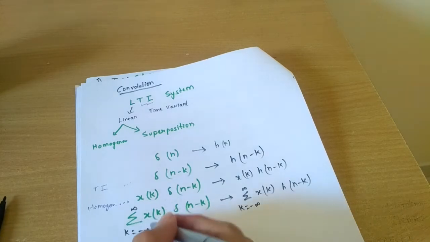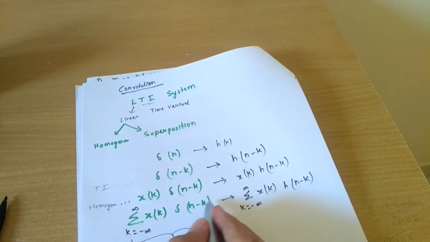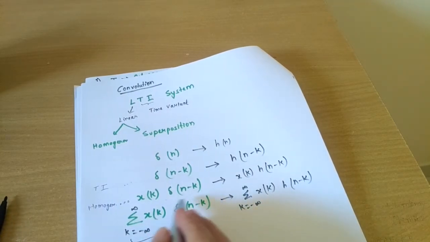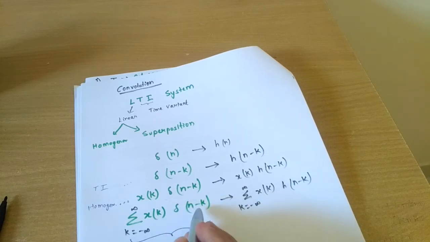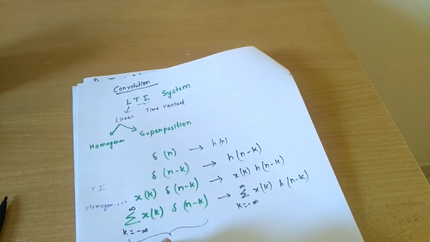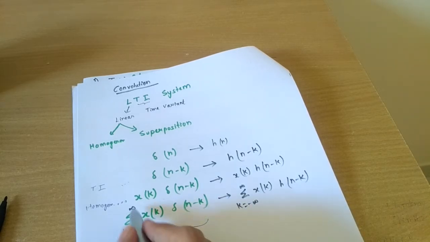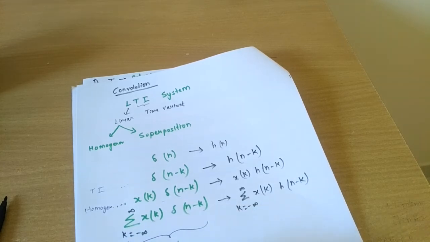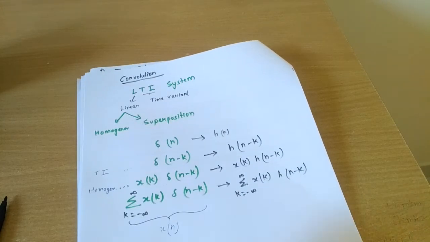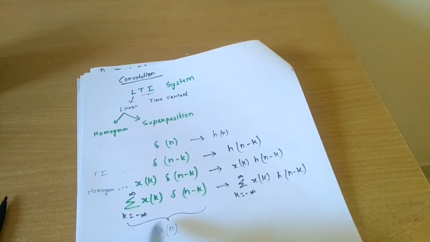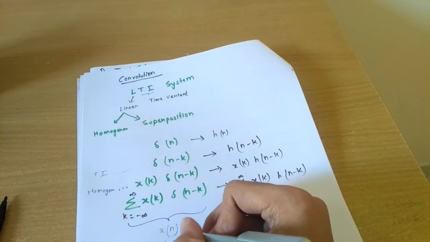But if we apply the property of the impulse function, the input side is nothing but our x of n, because anything multiplied by the impulse results in the sample at that point, and this summation is over all k, so we have covered all the n's. So it is nothing but x of n, which is our input to the system.